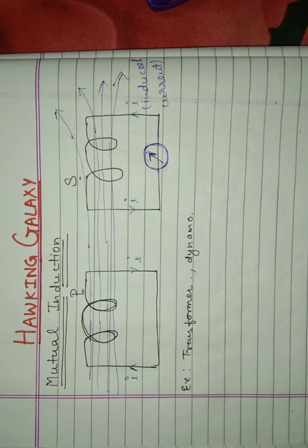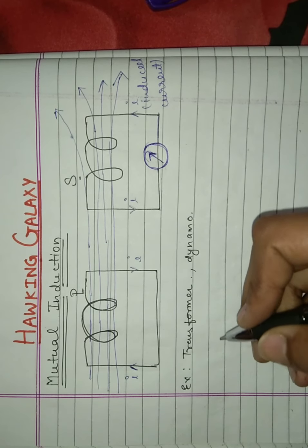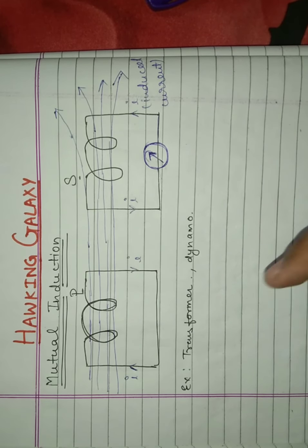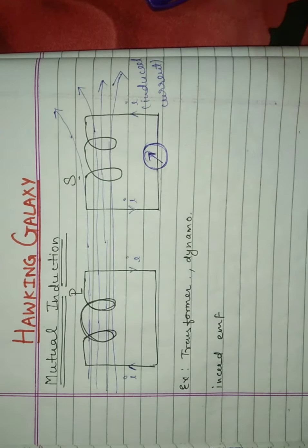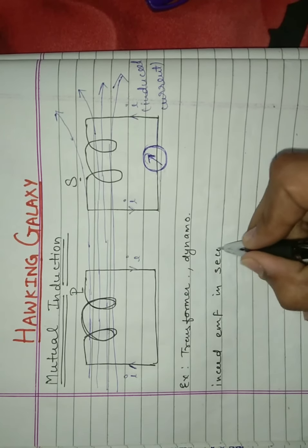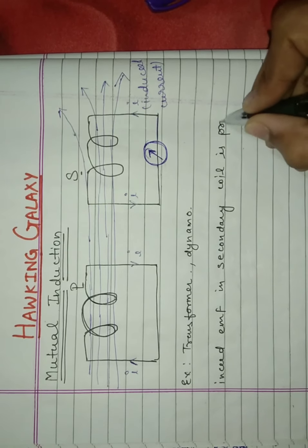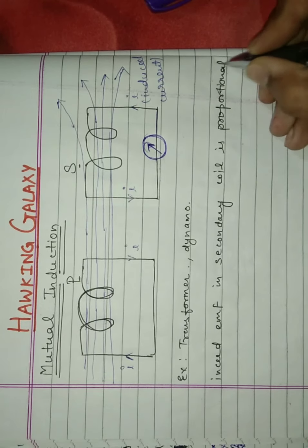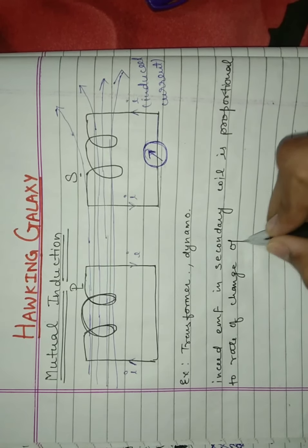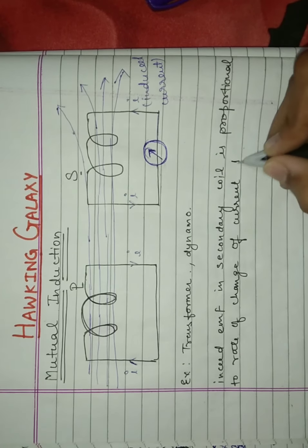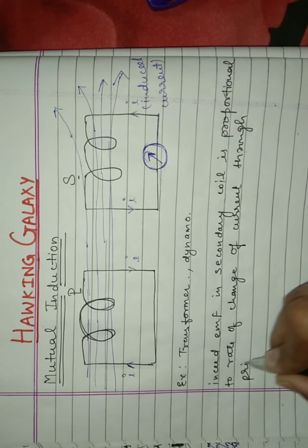These were the examples. Okay, so as per Faraday's law, we get to know that the induced EMF in the secondary coil is proportional to the rate of change of current in the primary coil.